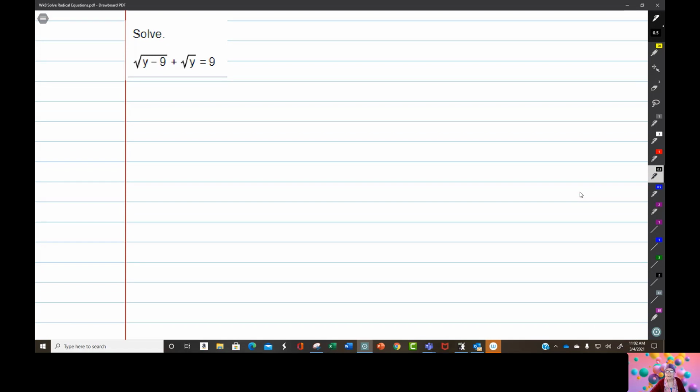Now, look at this. We have two radicals on the same side of the equation. The first thing I have to do is move one of them, and it doesn't matter which one. So probably I'll just subtract the square root of y from both sides of the equation.